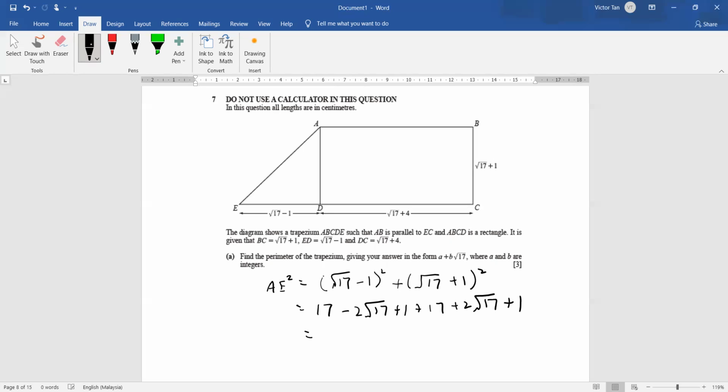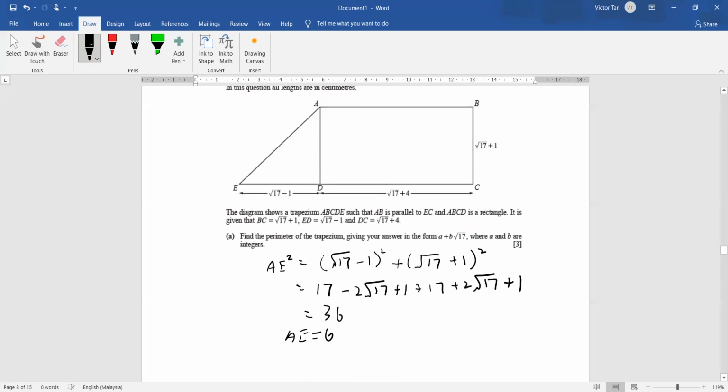So this will be equal to 36. So AE is 6. Okay. So the perimeter is root 17 minus 1 plus 2 times root 17 plus 4 plus root 17 plus 1 plus 6.